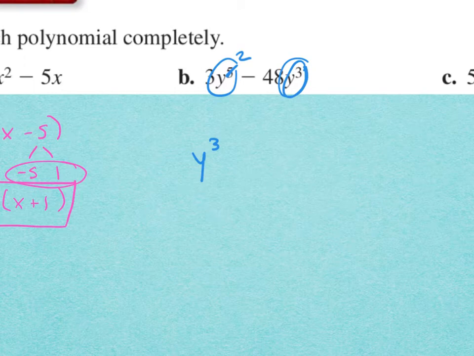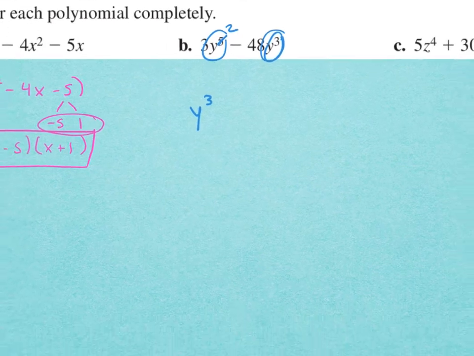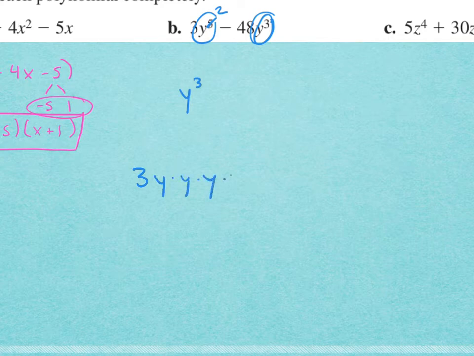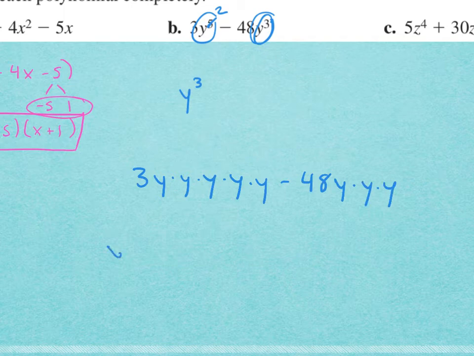Okay, so somebody asked, why can we take out 3 y's? I'll show. It's kind of easier to see when you expand it. So in the first one, we have 3 and y to the 5th power. So we have 5 y's here. 1, 2, 3, 4, 5. Minus 48, and then 3 y's. So if we take out 3 y's, I'm taking out all 3 here and only 3 from here.